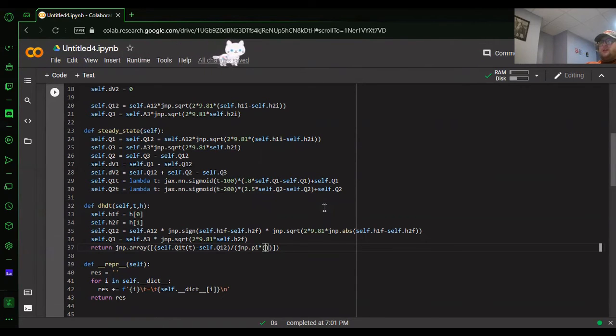So our radius from the surface of the fluid squared, I should say. Pi times, what was it, 2 times our R1 times our H1 minus our H1 squared.